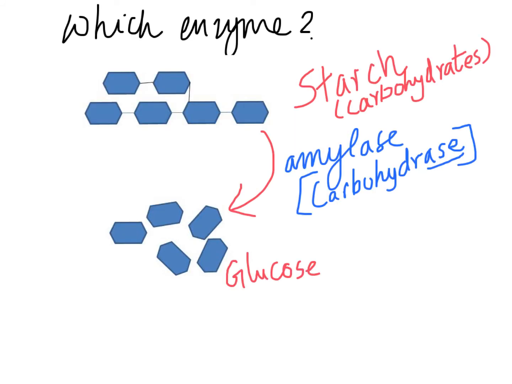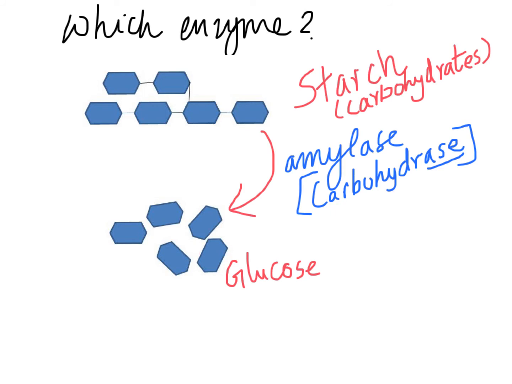We already know enzymes break down bigger molecules into smaller molecules in the chemical digestion process. So here is a bigger molecule, starch, and it's broken down into glucose. And it's really important to realize and be able to recognize the three main types of enzymes we've just seen in the digestive system. So what we have here is a bigger molecule broken down into smaller molecules.